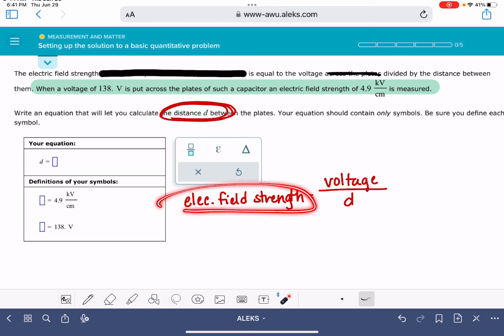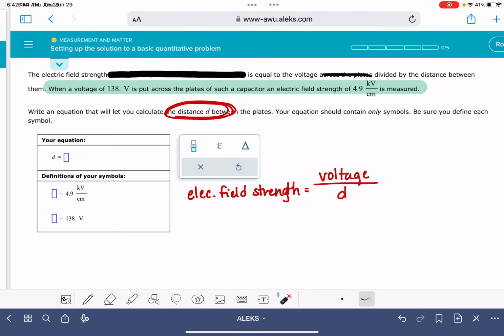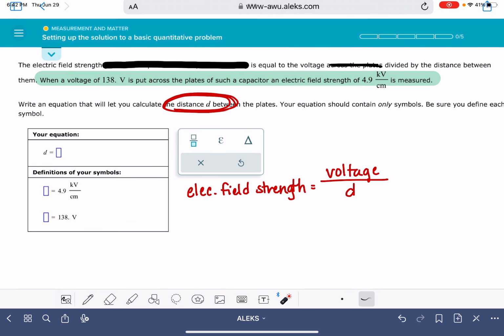Now, for the other terms, in my case two, though there could be more in yours, ALEKS doesn't care what symbol I use to represent these other variables. It's saying I could use whatever variable I want. That's a little bit stressful to me, but I'm going to go ahead and do that. And I'm going to make a note over here on the side of what symbol I'm using for each one of these variables.